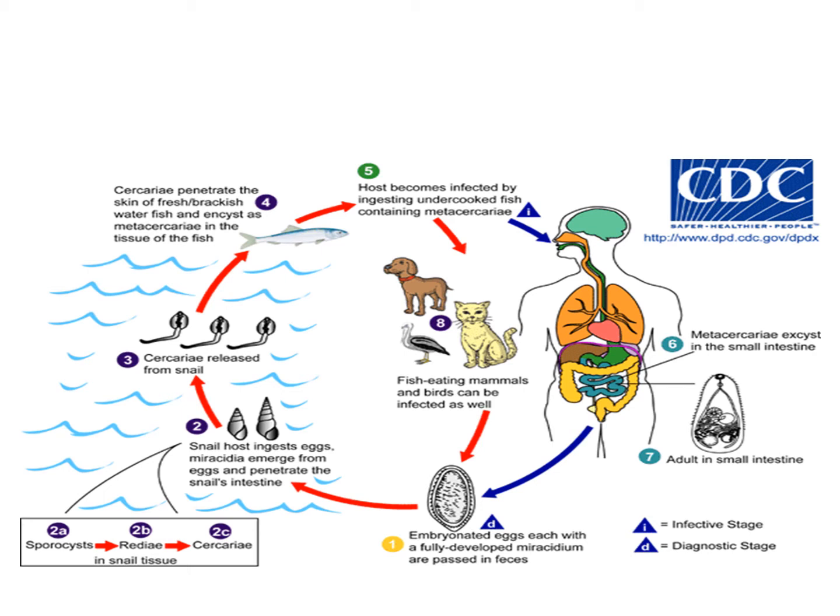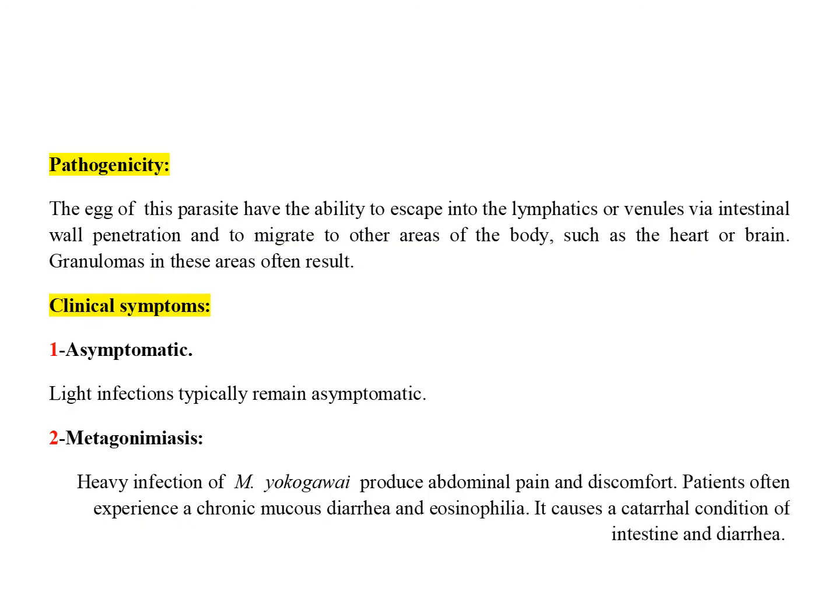Now the embryonated egg contains a miracidium. The miracidium can enter the first intermediate host, which is the snail. So the snail host ingests the egg. Miracidia emerge from the eggs and penetrate the snail intestine. Now they undergo several developmental stages.